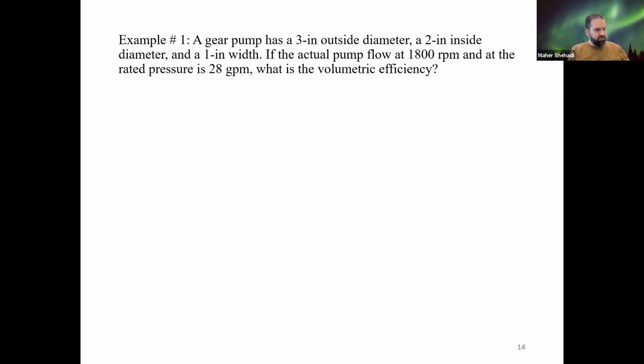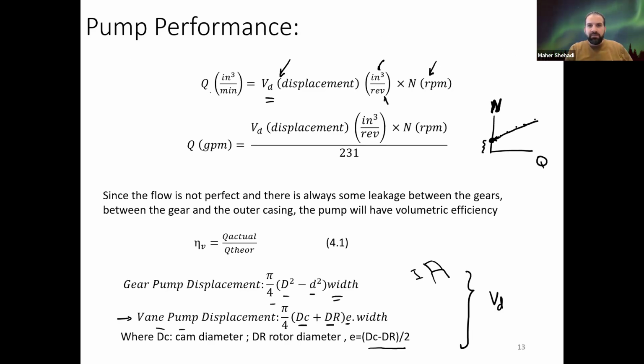All right, let's do this. Oh, we didn't finish here. So now we go back to the units. Usually it's in English units. The displaced volume is in cubic inches per revolution, and then multiplied by RPM, so the flow rate would be cubic inches per minute. If I need that in GPM, gallons per minute, all I have to do is convert the cubic inches into gallons.